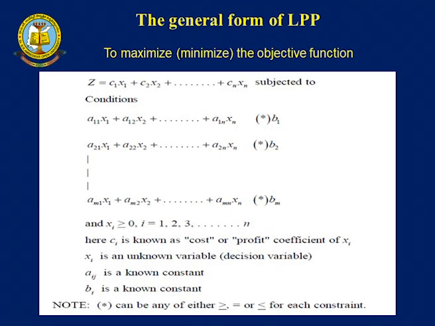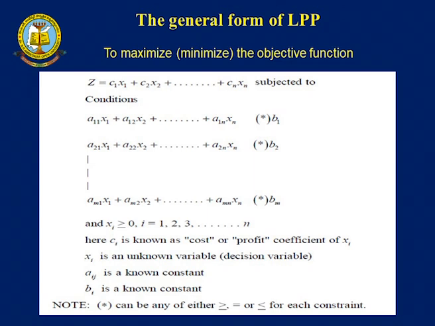And coming to the subject to the constraints. If we have n unknown variables and m constraints, please listen to this carefully. With n unknown variables and m constraints, the subject to the constraints will be in this format: a11x1 plus a12x2 plus a13x3 plus up to a1nxn, less than or equal to, or greater than or equal to, or equal to.